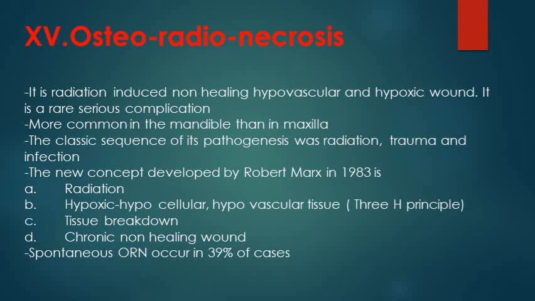We call this the 3H principle. Whenever tissue breakdown occurs, either due to trauma or spontaneously, and it can occur spontaneously in 39% of cases, there is a chronic non-healing wound because of the hypoxic, hypocellular tissue. It will not have the ability to regenerate and cover this defect. Infection may come on it, but the exact cause is the 3H principle.